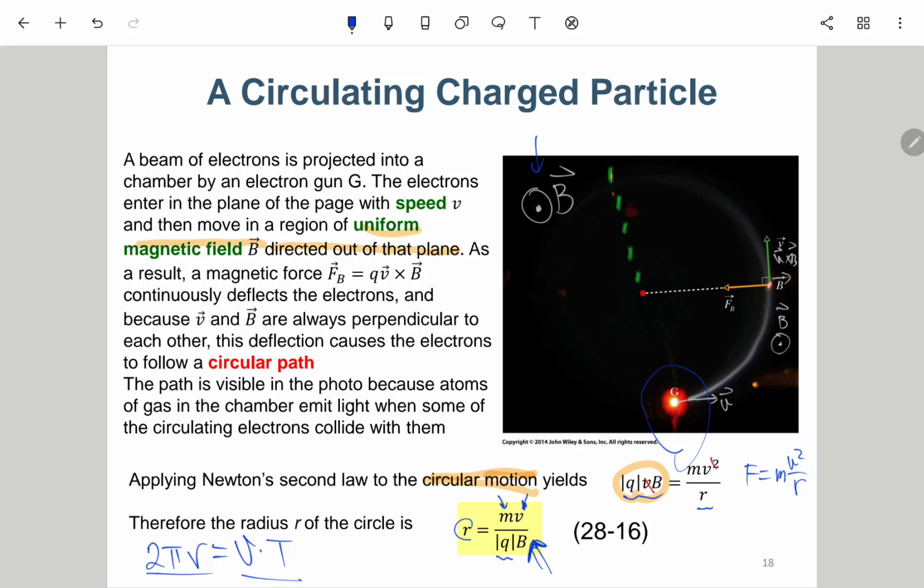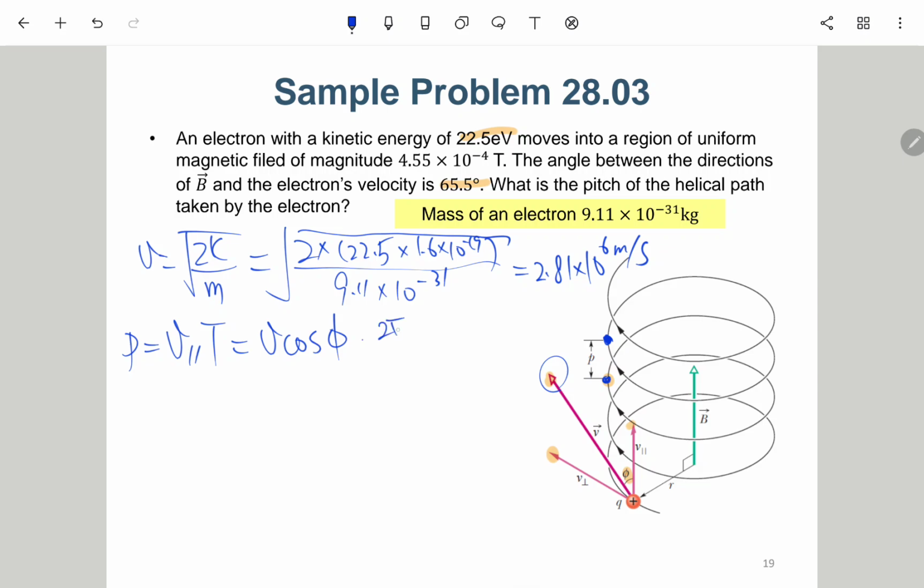So actually T will be 2 pi r over V, and then we plug in r here, so we get T equals 2 pi over V times mv over qB. Okay, so V and V cancel. We have 2 pi m over qB. This is the period of the circular motion.